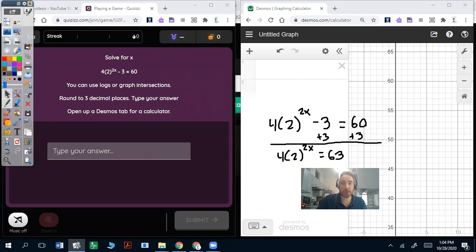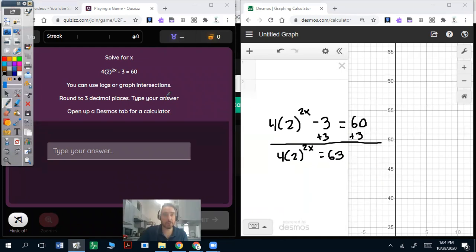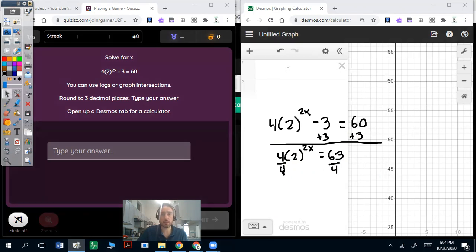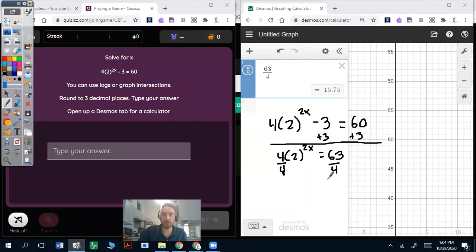Then we want to divide both sides by 4. If I divide the 63 by 4, I think I get 15.75. Let's double check that in Desmos. 63 divided by 4 is 15.75. And then you have 2 to the 2x power equals 15.75.